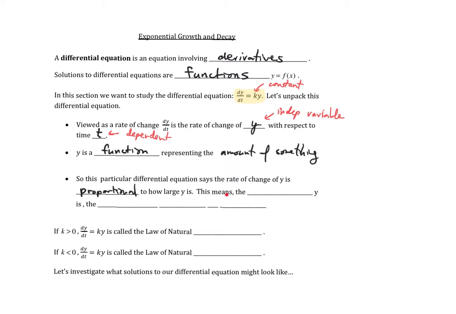This means the bigger y is, the bigger the rate of change. Right? So as y gets bigger, it grows faster. So this is what we call a snowball effect.